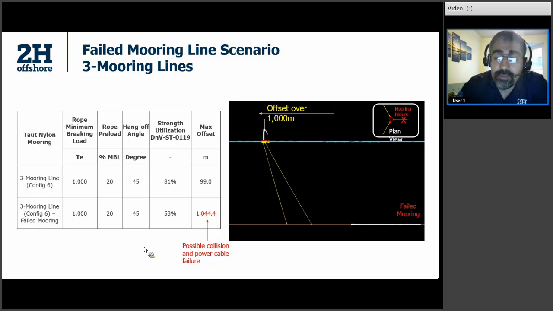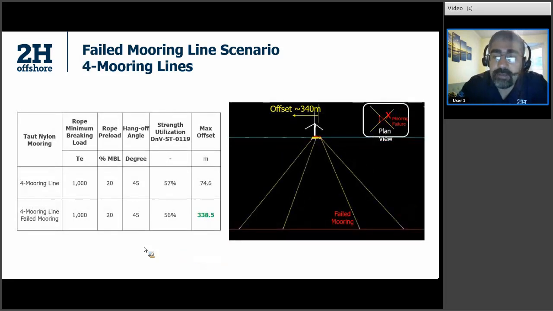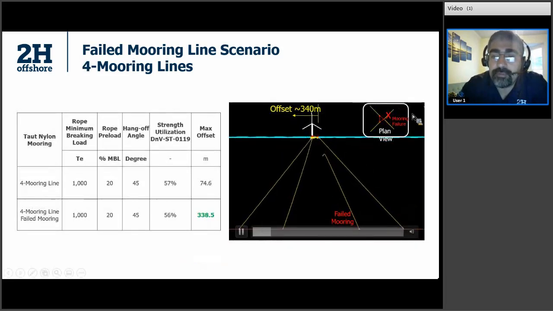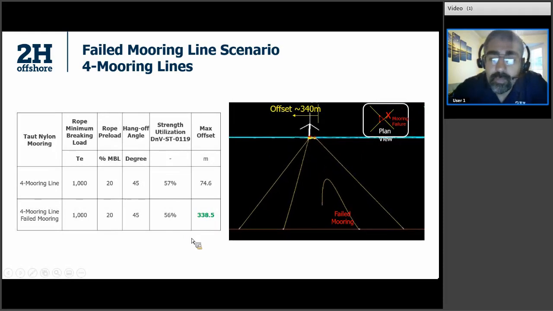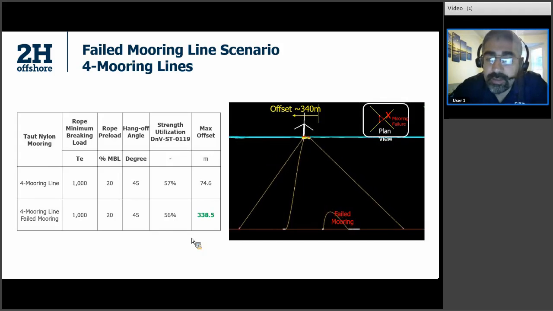So for the same mooring configuration, if we add one more line and make it 4 mooring lines, you can see the amount of offset decreases to around 340 meters.